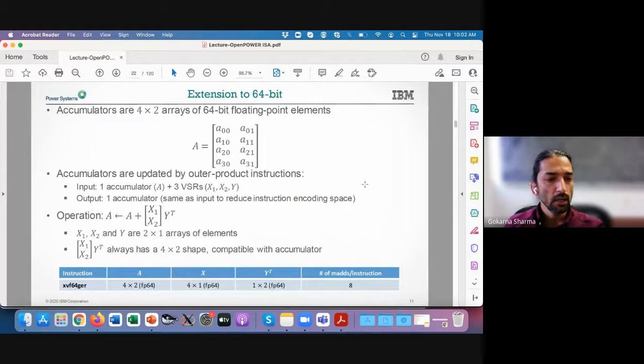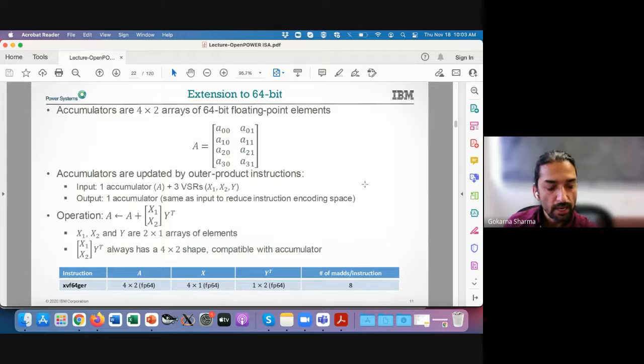And here again, if you have 64-bit data, you have to make sure that this accumulator can handle whatever input you give, and make the change based on the input that supports this. For this one, you can extend like this. You have as input 1 accumulator and 3 VSRs, X1, X2, and Y, and the output would be 1 accumulator.